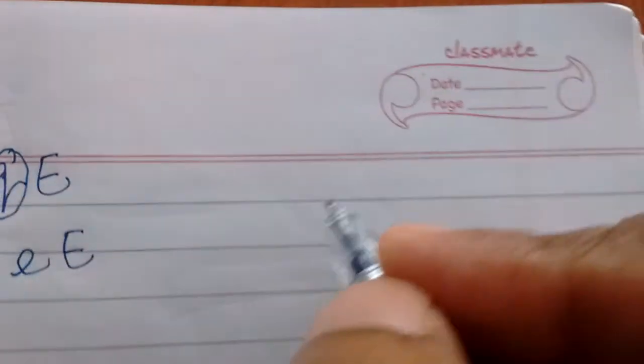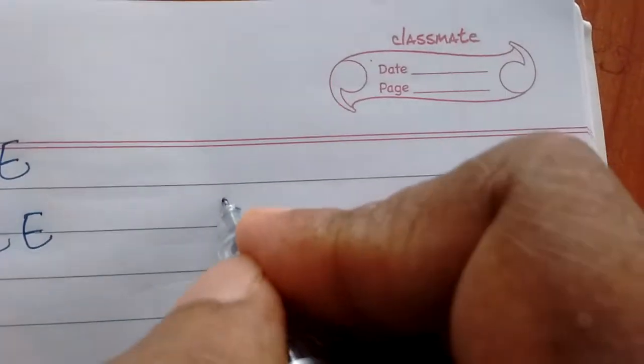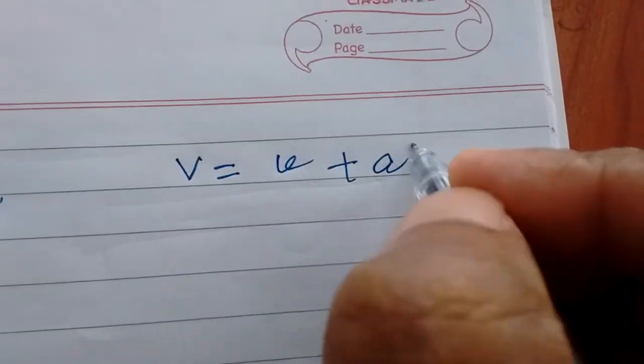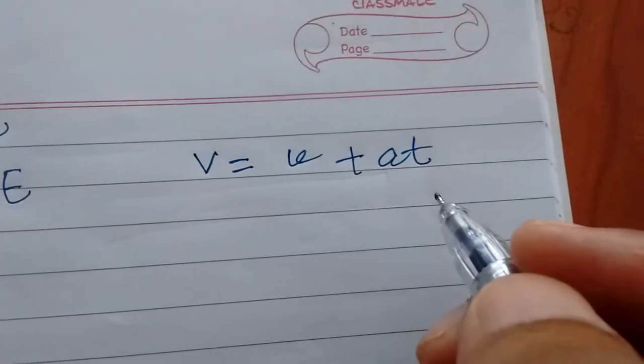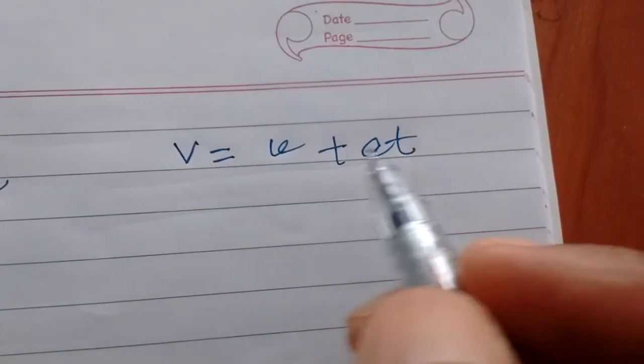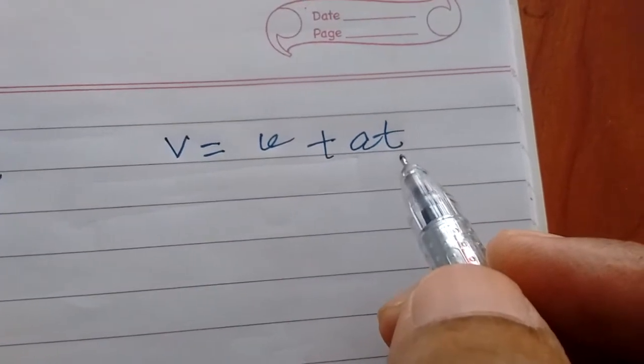Recall, in kinematics you studied one equation, v equals u plus at. v is the final velocity, u is the initial velocity, a is the acceleration, t is time.